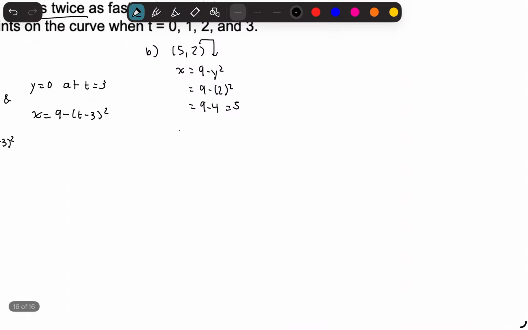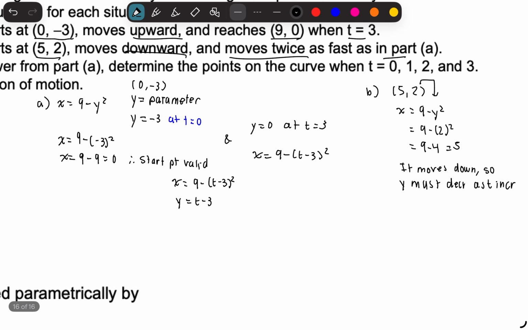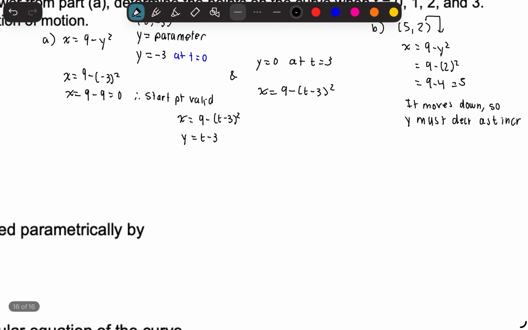So we can see that it moves down. So y must decrease as t increases. In part A, we saw that y is equal to t minus 3.